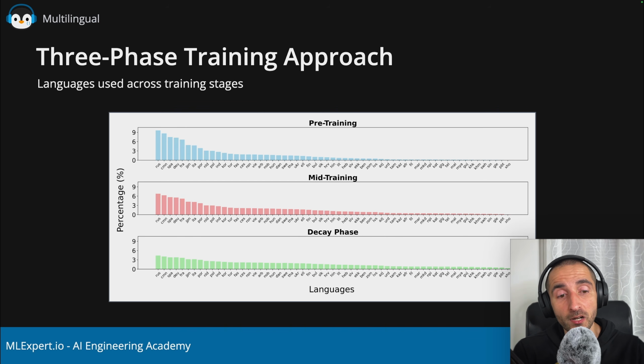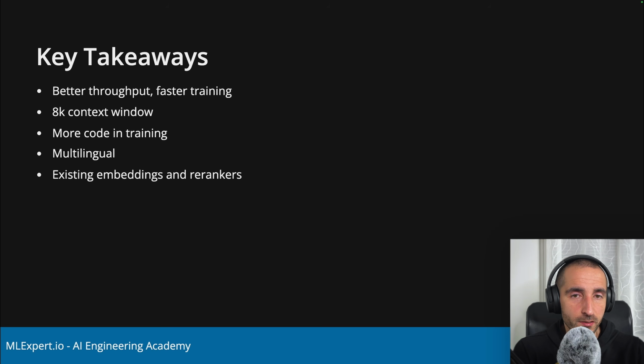So what are the key takeaways from ModernBERT and how you can use it? Well, this is a better model. It is very fast compared to the original version. It has 16 times more tokens in the context window, up to 8K. But note that the primary part of the training was done with only 1K in the context window.